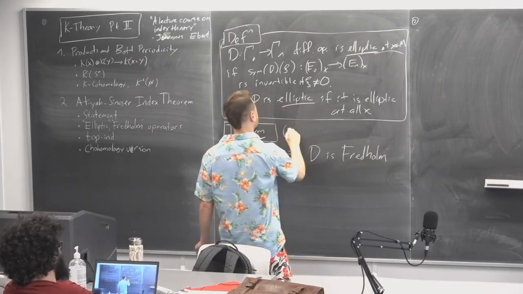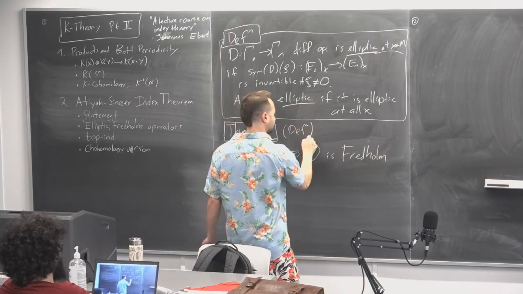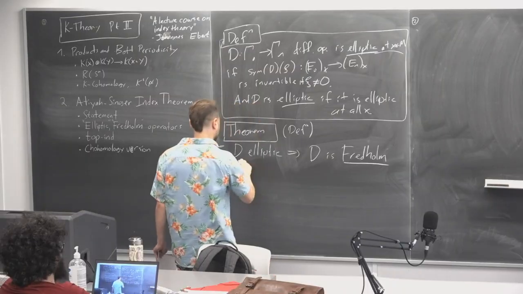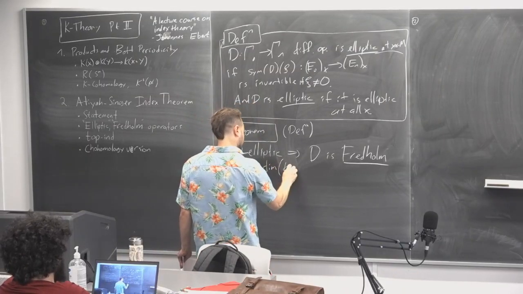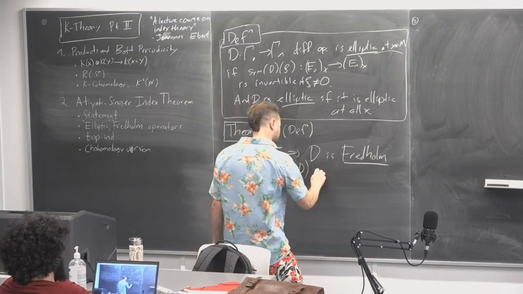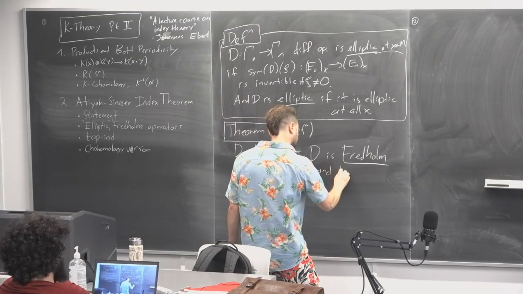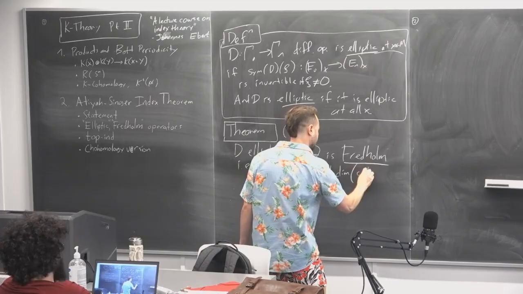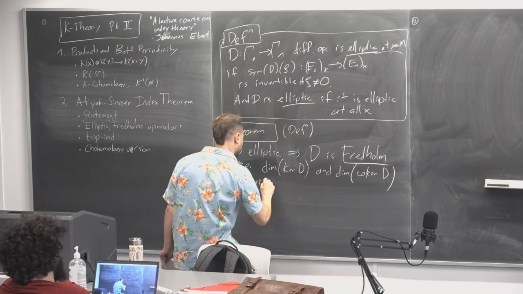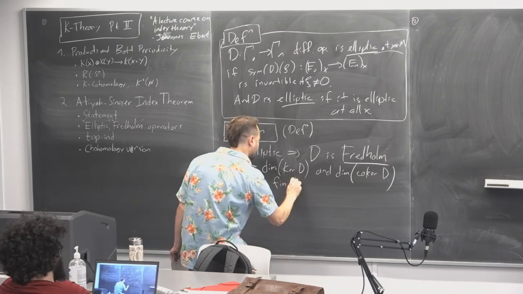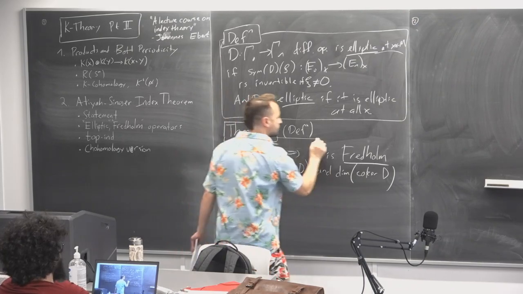So this is a theorem, i.e. the dimension of the kernel of D and the dimension of the co-kernel of D are finite. So this is interesting.